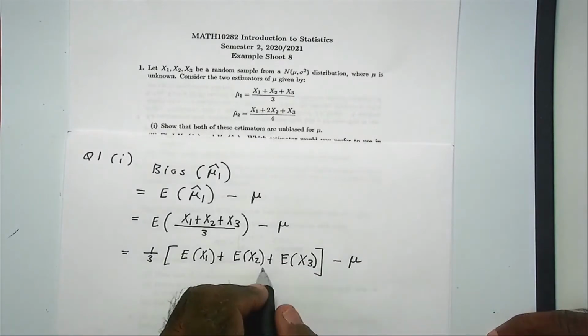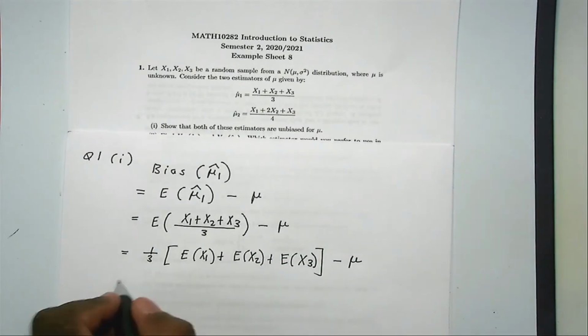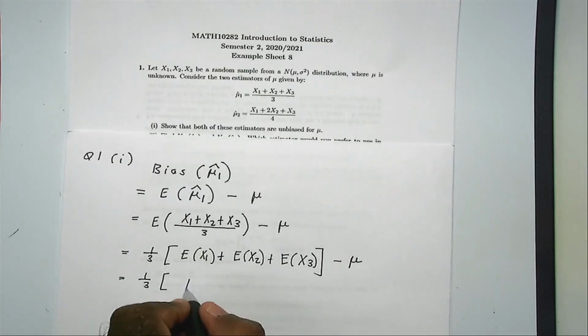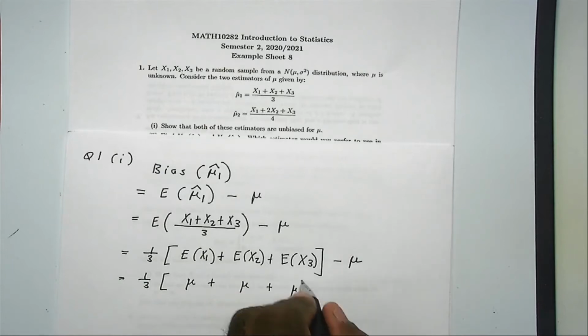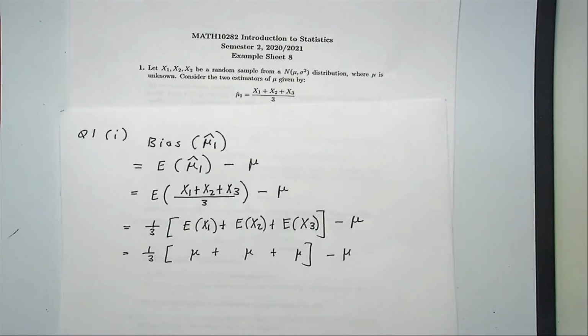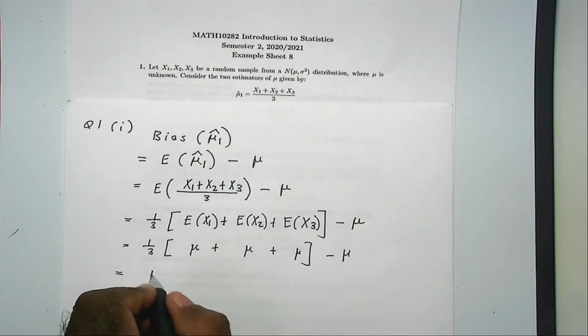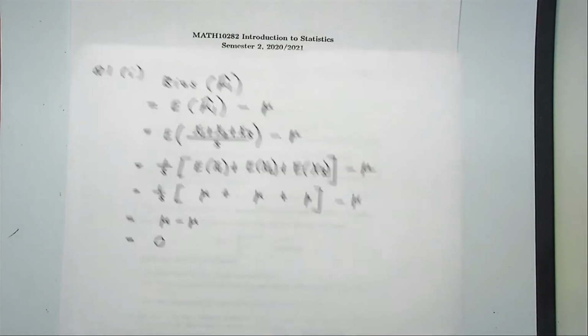Now we know that each data point has a normal distribution with parameters mu and sigma squared. So what you have is mu plus mu plus mu. Right. So we have mu minus mu, which is 0. So the bias of the first estimator is 0, right?